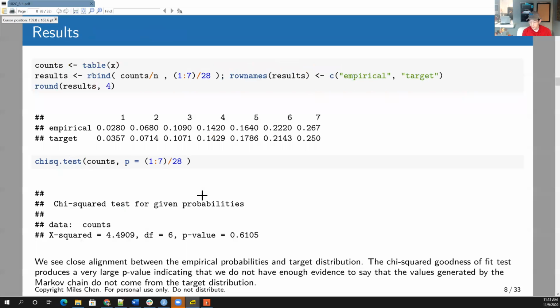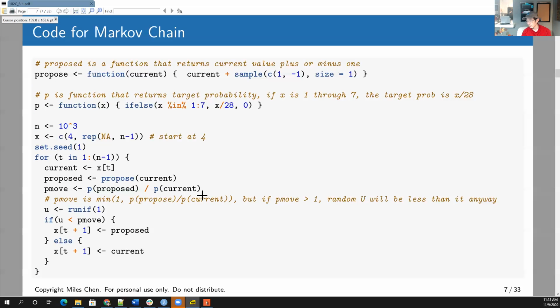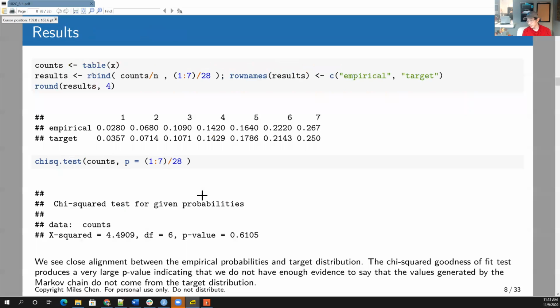All right, so I run the Markov chain. It runs for 1,000 iterations, and let's go ahead and count up the results. X is a vector of length 1,000, and I say, all right, table up those results.